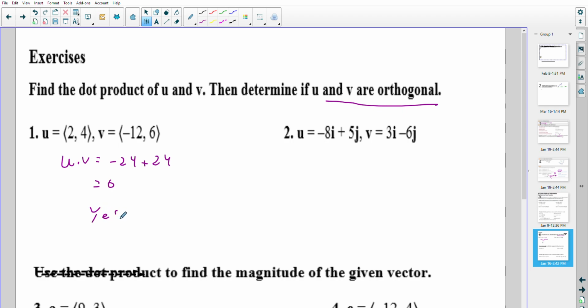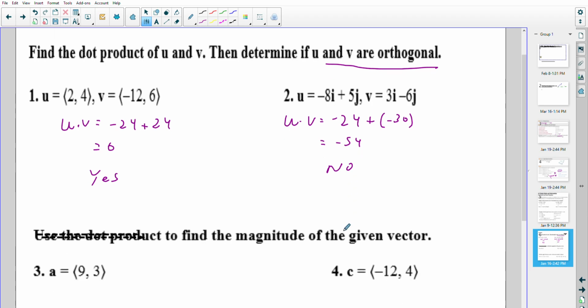And the answer is yes, because you know that the dot product is 0. You could do the same thing over here. u dot v, again, looking at the product of the first two and the product of the second two, and therefore that dot product is negative 54, which means no, they are not orthogonal.